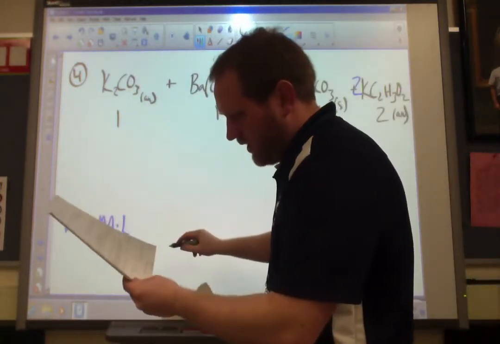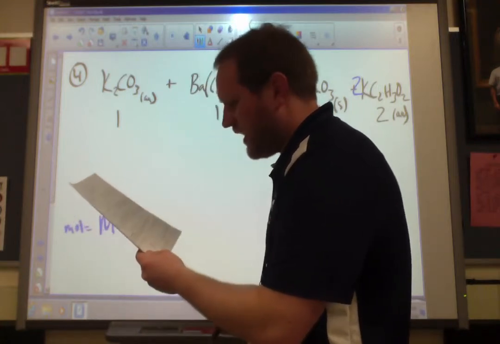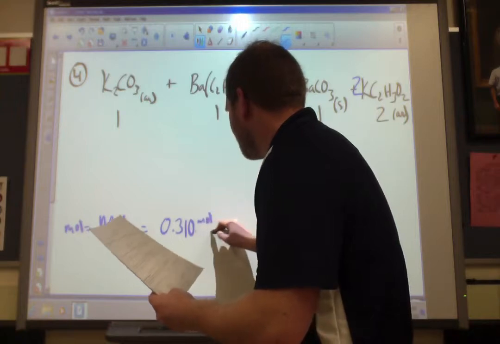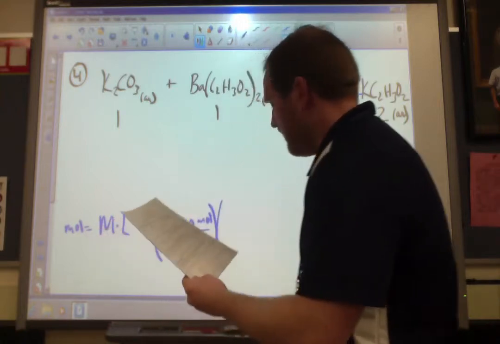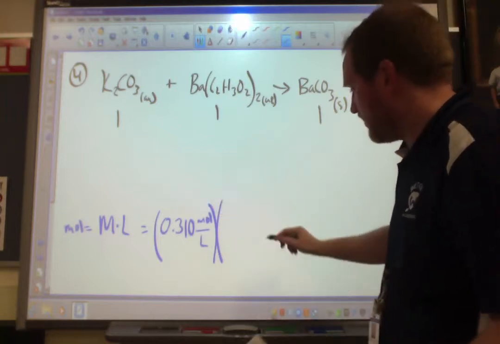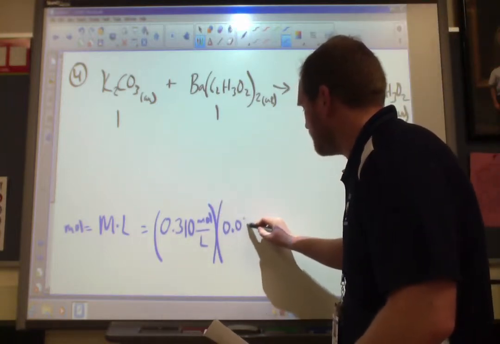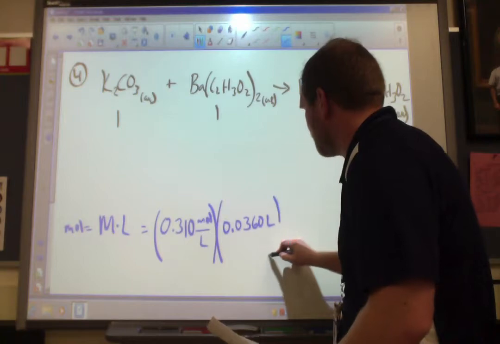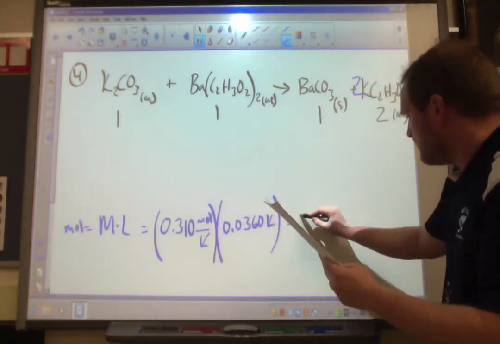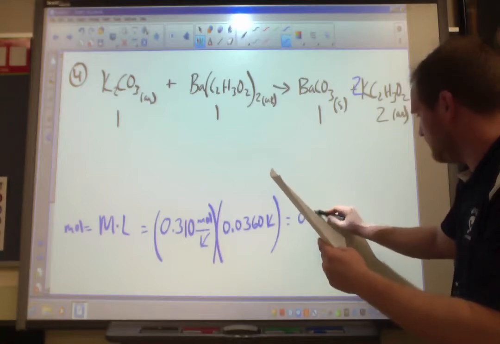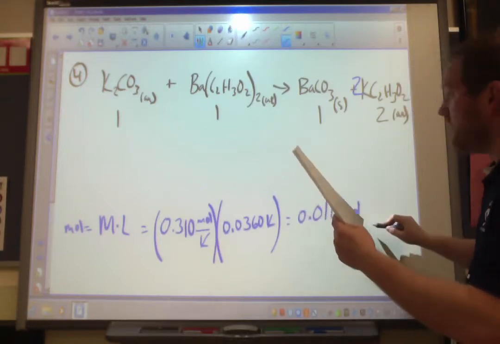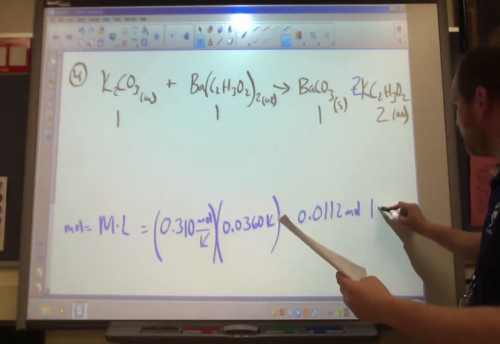So for the first one, my molarity is 0.310 moles per liter. And my liters, it's 36.0 milliliters, so I'm going to convert that to liters, 0.0360 liters. Liter cancels liter. And that gives us 0.0112 moles of K2CO3, potassium carbonate.